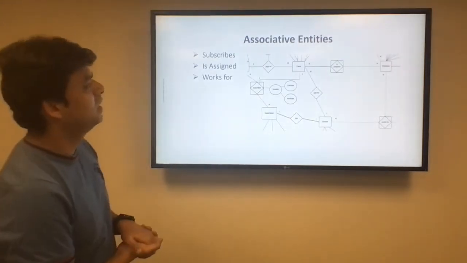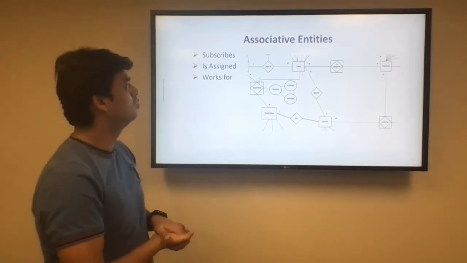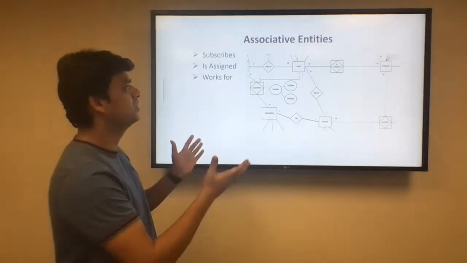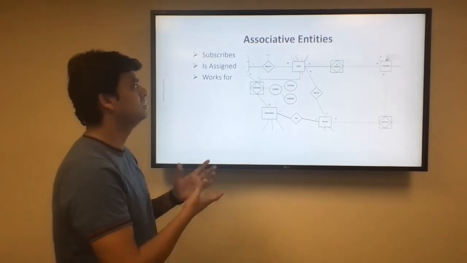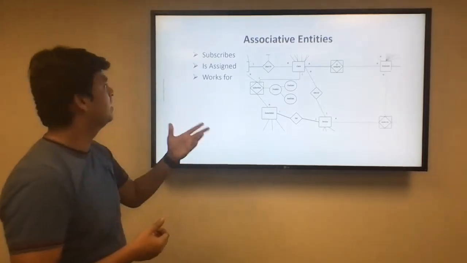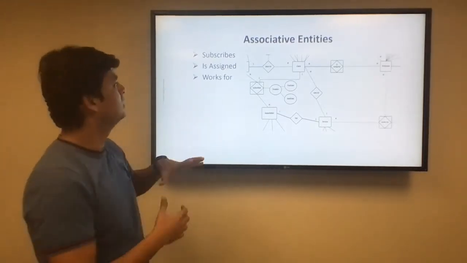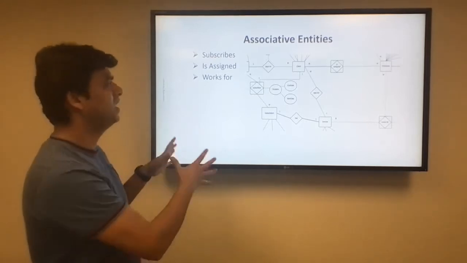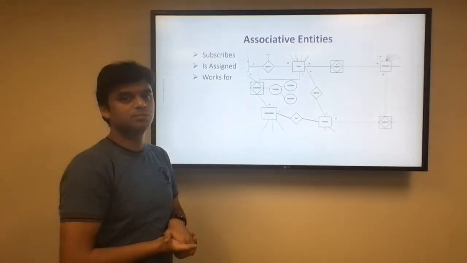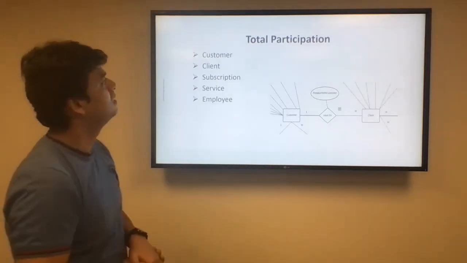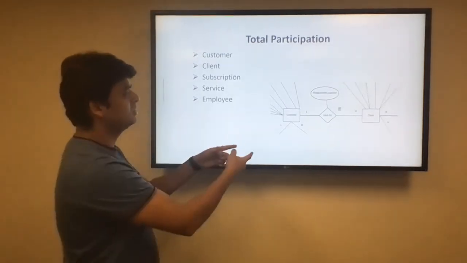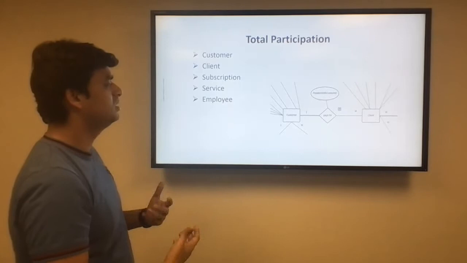Client and employee have a many-to-many relationship, and that's where the relationship between them is an associative entity. Subscribes, is assigned, and works for are the additional associative entities that we have as part of our entity relationship diagram. Moving forward, the total participation, as you can see here, the client and the customer.